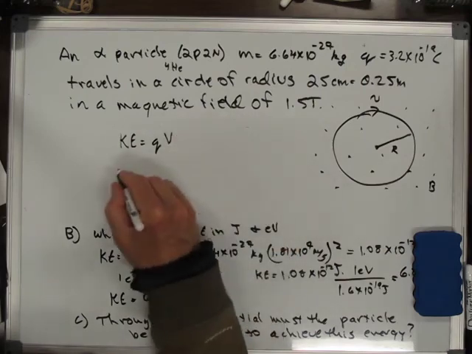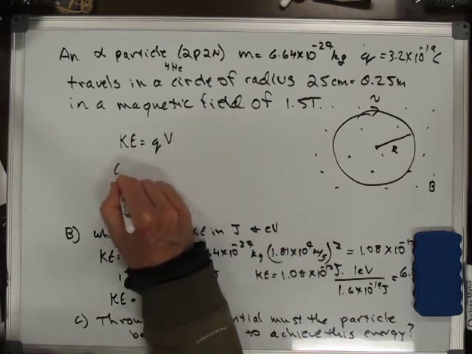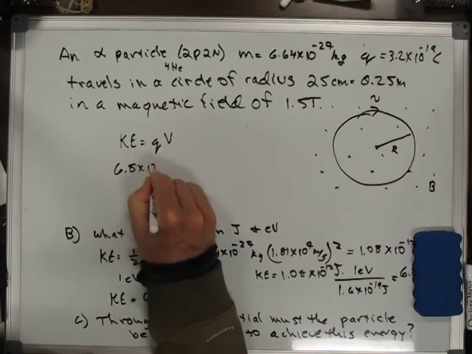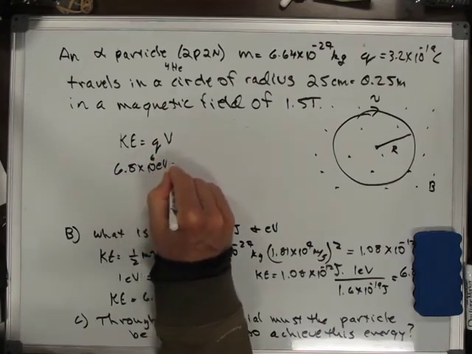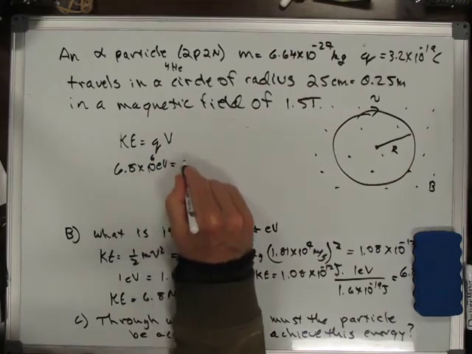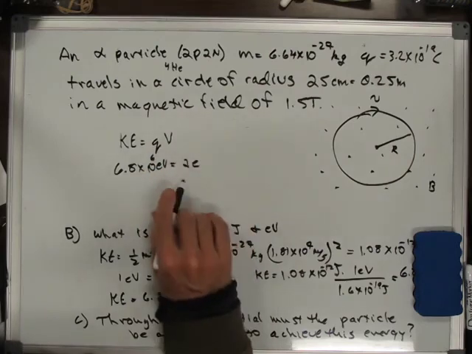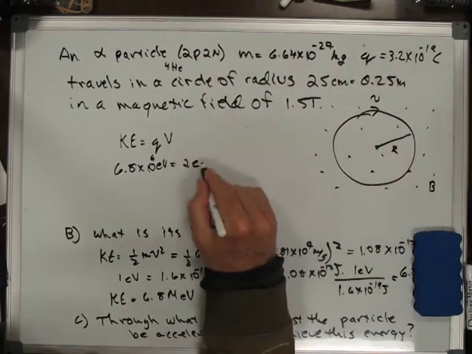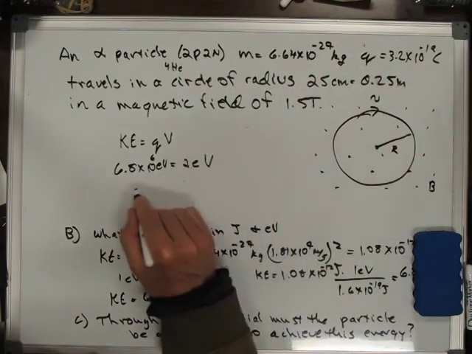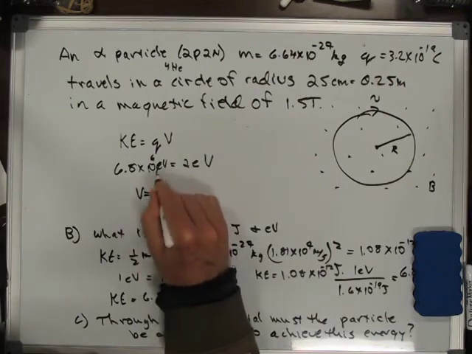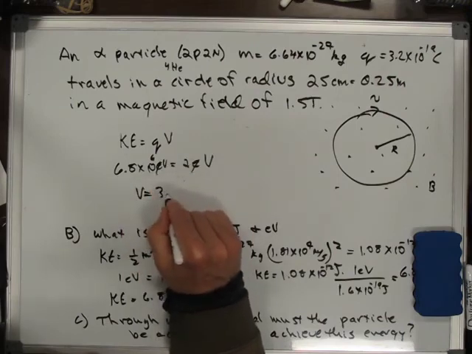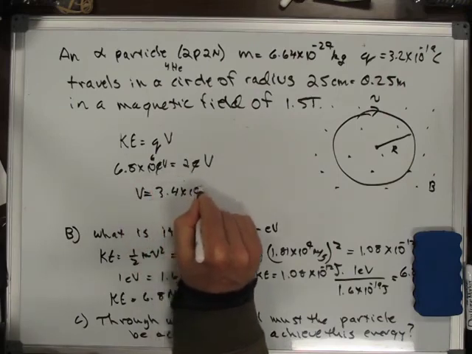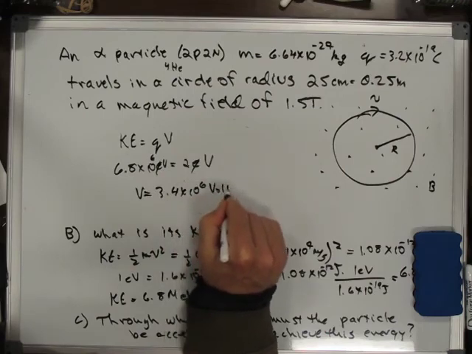But since we're doing it in electron volts, we get 6.8 times 10 to the 6th electron volts is equal to QV, but the Q is just 2e because it's twice the charge. It's just 2 protons times the voltage, and so V, the e's cancel, and we get V is equal to 3.4 times 10 to the 6th volts.